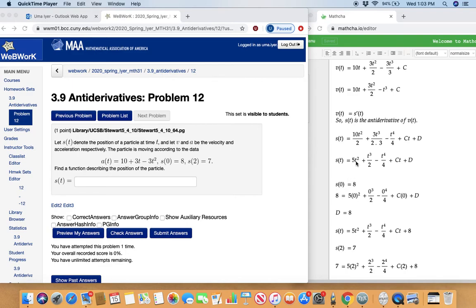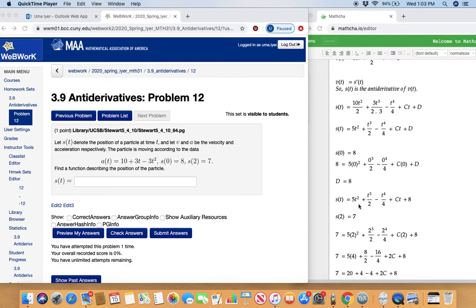So plug in t equals 0 everywhere. All of these become 0. I'm left with D. D is 8. So getting that, I now have S of t is all of this except D becomes 8. We are not finished because we still have an unknown constant C. For that, you have this new information.